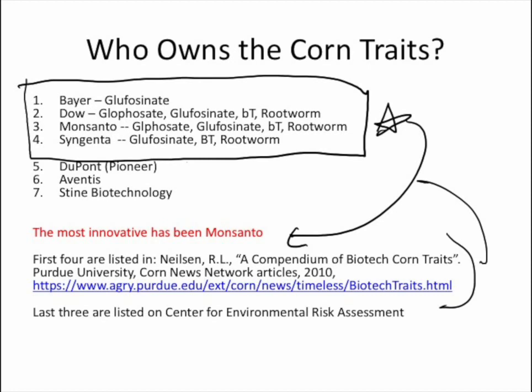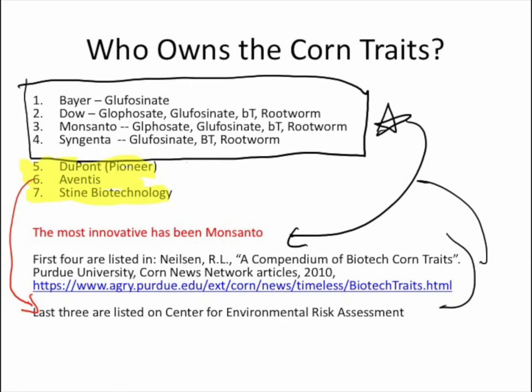So the laggard in terms of traits there was Bayer. And arguably, and actually not all that arguably, Monsanto was the most innovative of those companies listed. They were the face of biotechnology and put more of their emphasis on biotechnology than the other companies. Numbers 5, 6, and 7, DuPont, Aventis, and Stein Biotechnology, also have biotechnology traits.